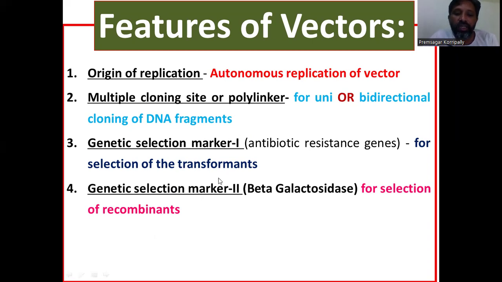Here, the MCS is within the second genetic selection marker, and when you clone your gene of interest, the second genetic selection marker will be disrupted. Only the vector will have the second genetic selection marker intact, and recombinants will have a disrupted genetic selection marker, so that transformants and recombinants can be selected.